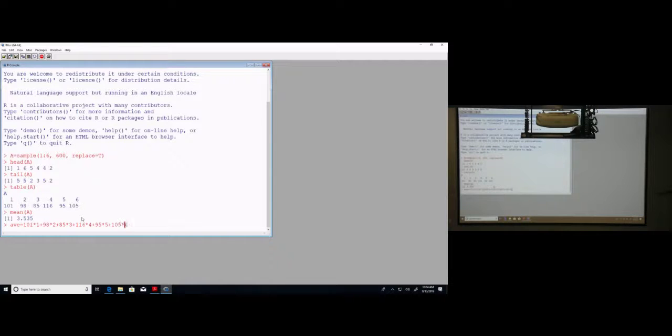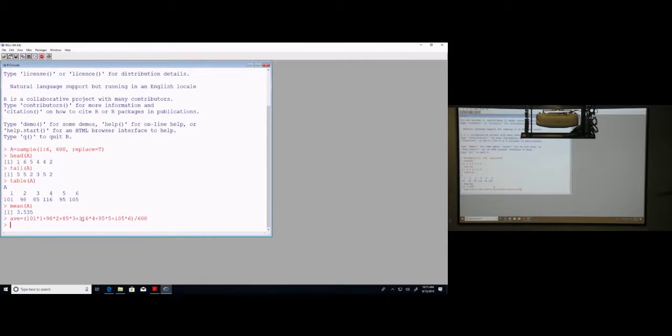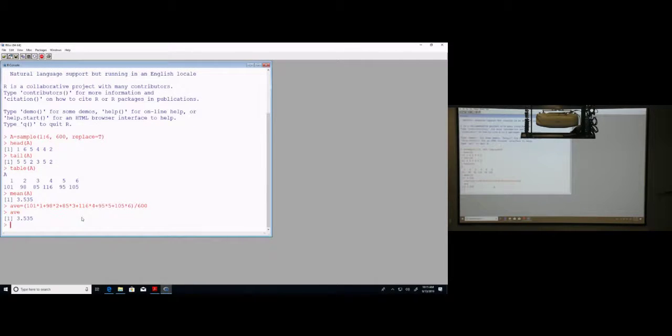Okay, so this will give me the total. So I wanted the average. Okay, so this coincides with the same here, because this is just another way of calculating the mean of these 600 numbers in the list here. All right.